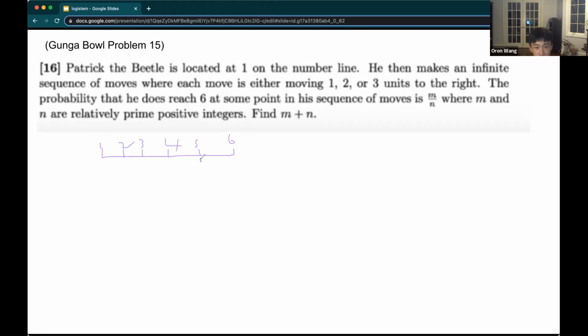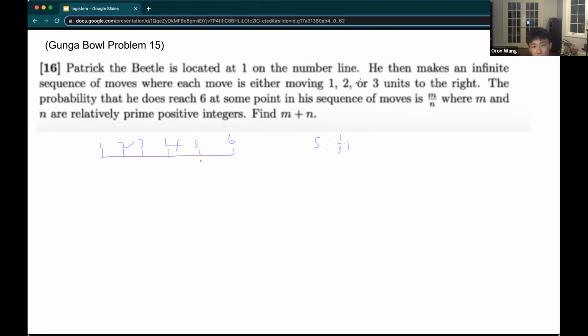Let's suppose he's at 5. Well then, he has a 1/3 chance of moving 1 unit to the right and landing at 6, in which case there's probability 1 that he reaches 6, because that's obvious.